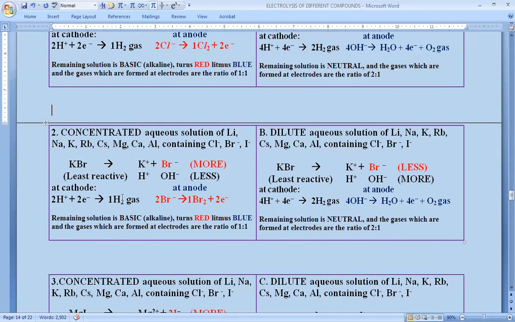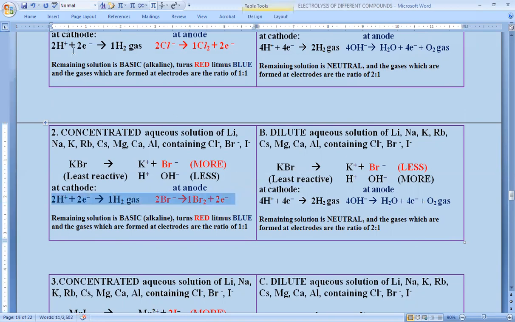Hydrogen ions are discharged at the cathode in the ratio of 1, because concentrated salt compounds produce one part hydrogen and one part chlorine, bromine, or iodine gas. But in dilute conditions, hydrogen gas and oxygen gas are formed, in the ratio of 2 to 1: two parts hydrogen and one part oxygen. I just need to highlight this segment.